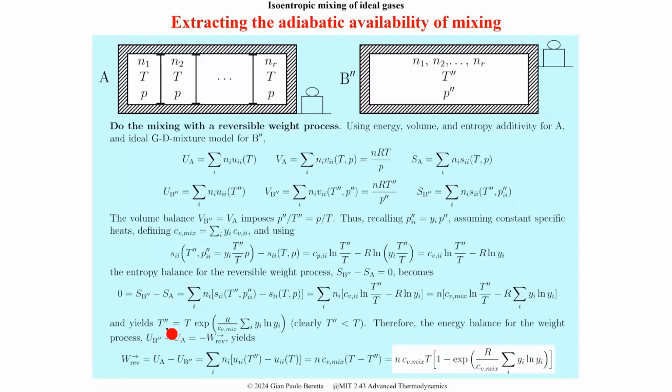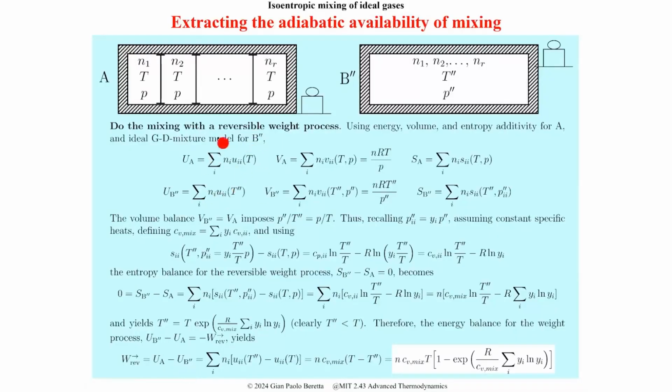And now that we have the final temperature, we can perform the energy balance. Now, the energy balance here, since the system is not isolated anymore because we have lifted the weight in a weight process, we have extracted the adiabatic availability. So the energy given to the weight is equal to the difference between the initial and the final energy.